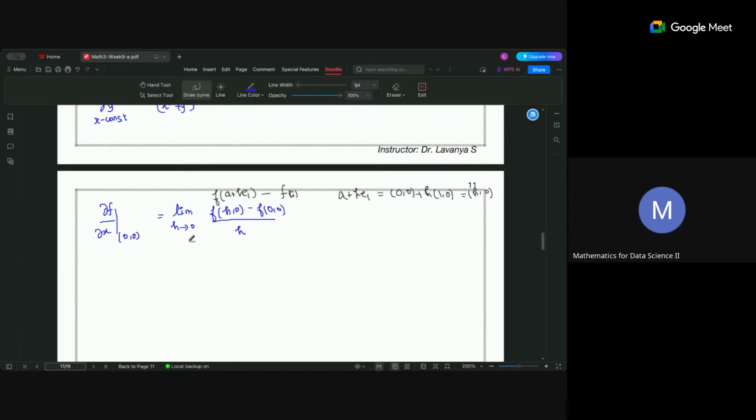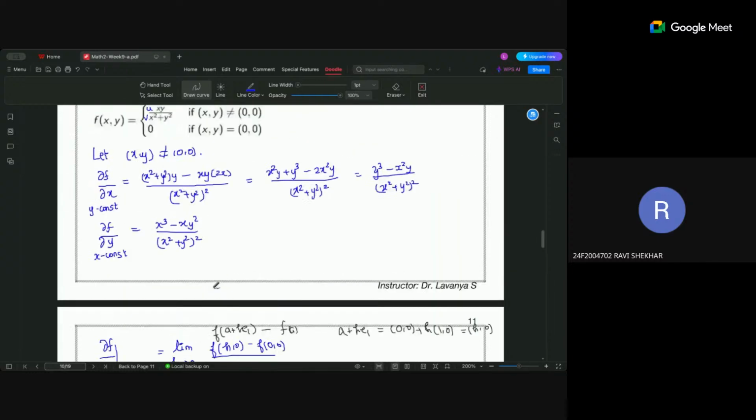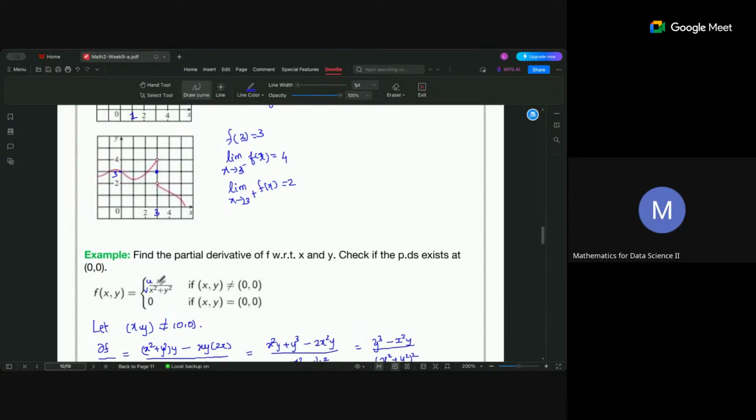So you have f(h, 0) minus f(0, 0), divided by h. What is f(h, 0)? The numerator is 0. So 0 minus 0 by h, which is already 0, so the answer is 0. Same way, what is dou f by dou y at (0, 0)? It is also 0. To find f(h, 0), you simply substitute h here and 0 here.